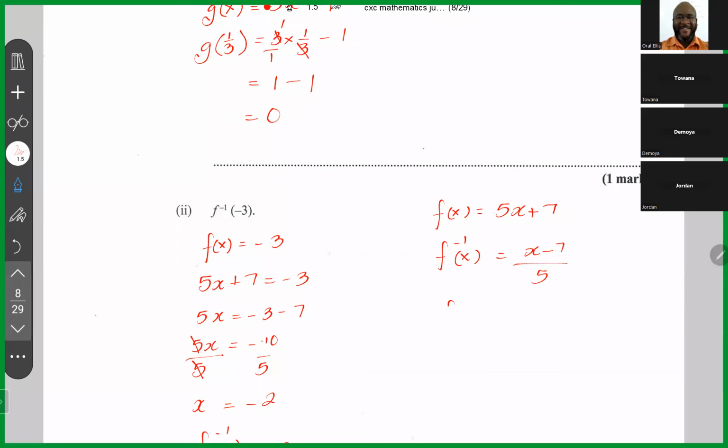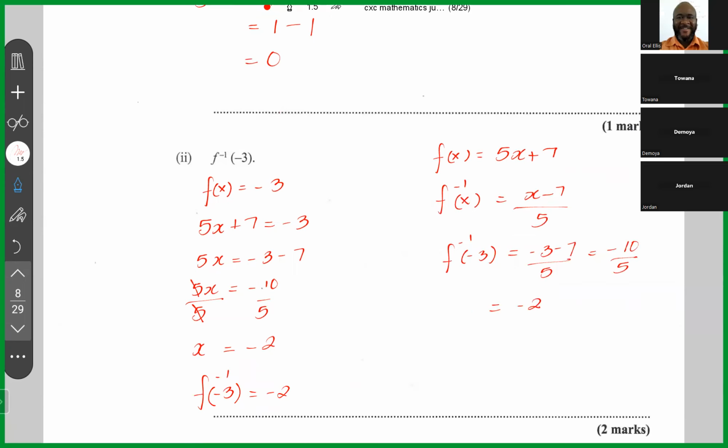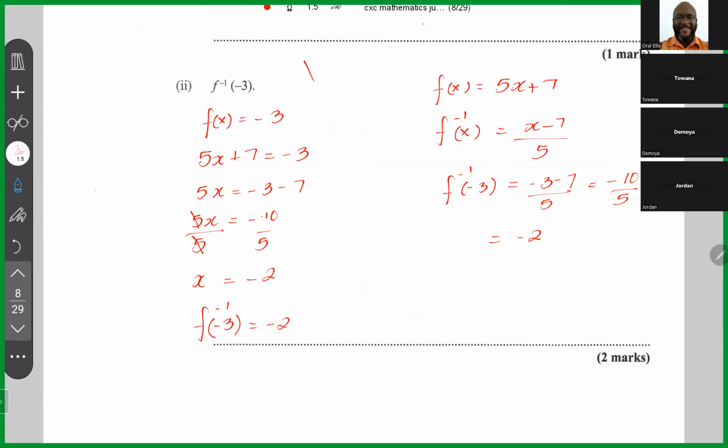And so f inverse of minus 3, wherever I see x, I'm going to put minus 3 minus 7 over 5. This is minus 10 over 5. This is minus 2. So that's the other way the question could have been done. All right, so look at it and choose the way that works best for you. All right, moving on.